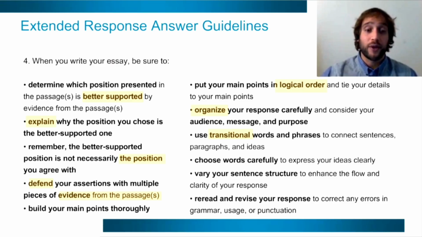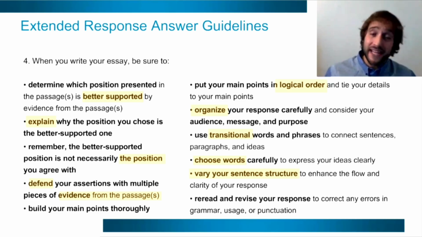All right, word choice. We know that word choice is important. Choose your words carefully. All right, words can be powerful, obviously very powerful items in this essay, so we want to be very careful with our word choice. Something that can really help the flow of your essay, but also maintaining the interest of your reader, is to vary your sentence structure. Sometimes people forget about that, but if you have too many sentences in a row that have the same structure, then it can be repetitive and redundant, and the essay doesn't quite read as well.